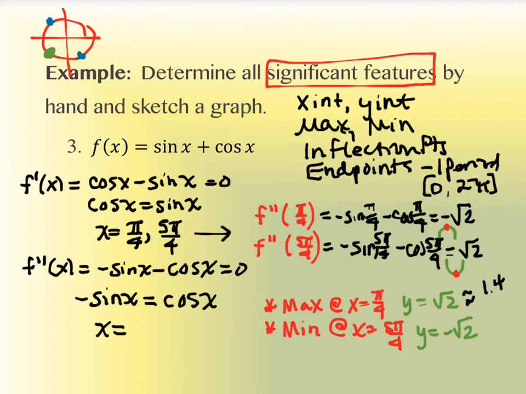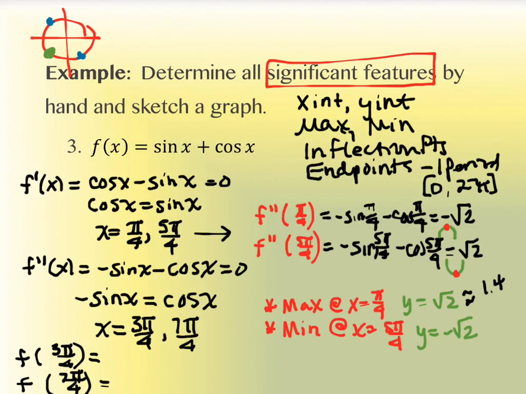Very good. So again, that's why I marked all those pi over 4s, just because I needed some more of them. This will be at 3 pi over 4 and 7 pi over 4. And this is half of an inflection point, so I can evaluate each of these in my original function. So I'm going to find f of 3 pi over 4 and f of 7 pi over 4. But take a look up at that function. What happens at 3 pi over 4?